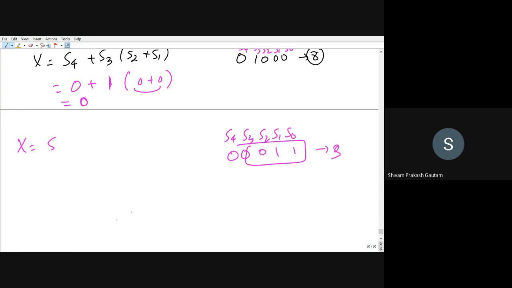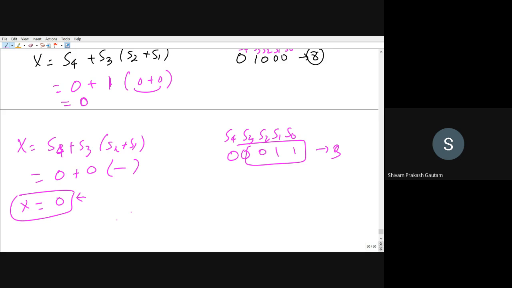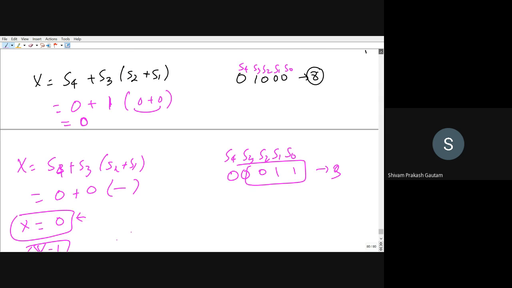X is equal to S4 plus S3, S2 plus S1. So S4 here is 0, S3 here is 0. So 0 multiplied by anything will be 0. So you can see that whenever our bit is legal, X is 0. Whenever our bit is illegal, our X is high. So we have developed a logic by looking at this truth table.